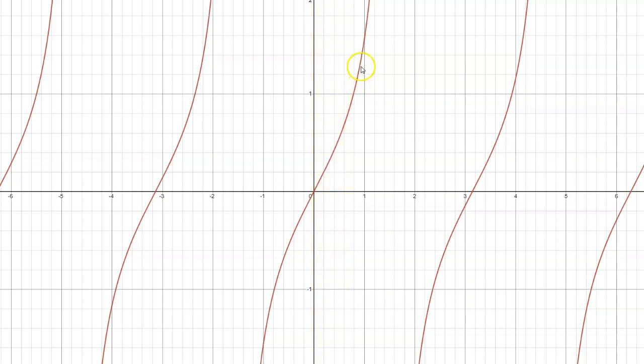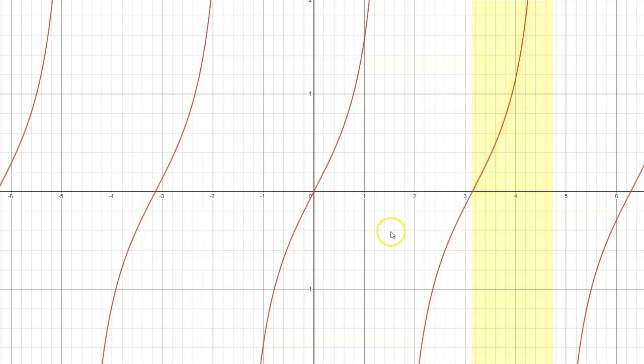And then as we continued to approach pi over 2, our slope gradually got larger and larger. As you can tell, it infinitely increases. Then after we hit pi over 2, we have a negative slope, which is why our graph starts in the negative region, and as we approach pi, then we are back in the positive region, and so on.